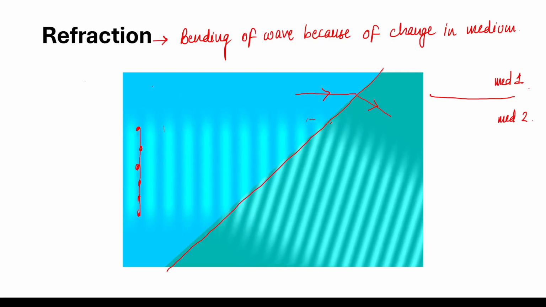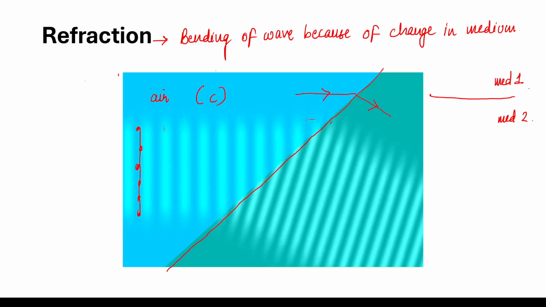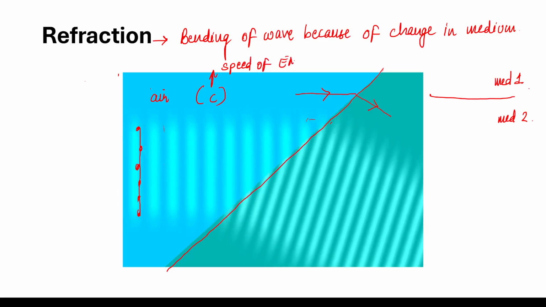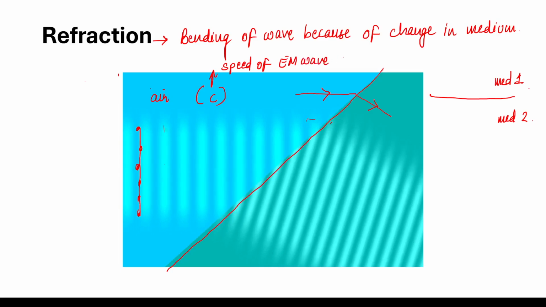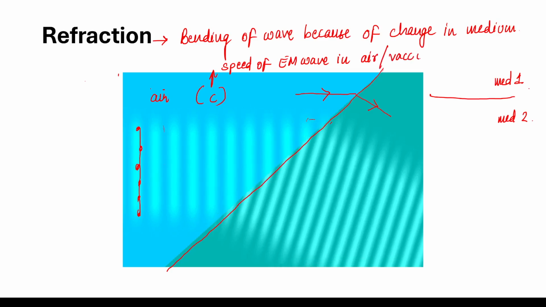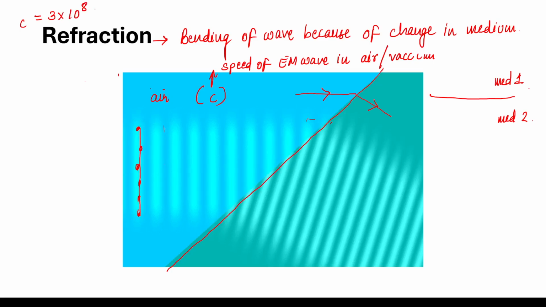So whatever is the speed here, let's say this is air and the speed of the wave is c. So c is a symbol for the speed of an EM wave in air or vacuum, and the value is, some of you already know that, I'm still writing it here. c is 3 times 10 to the power 8 meters per second, approximately.